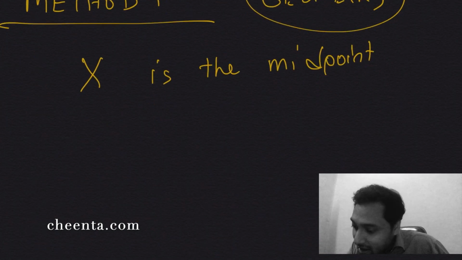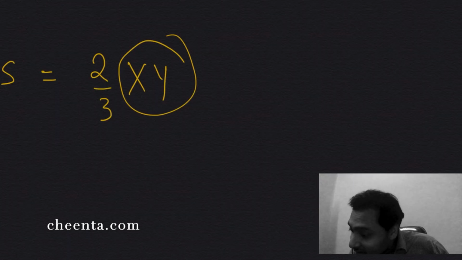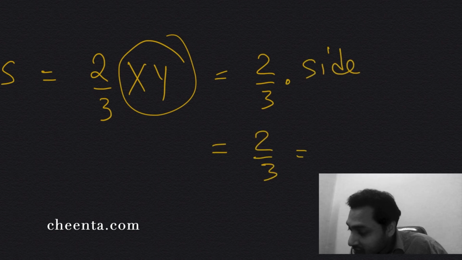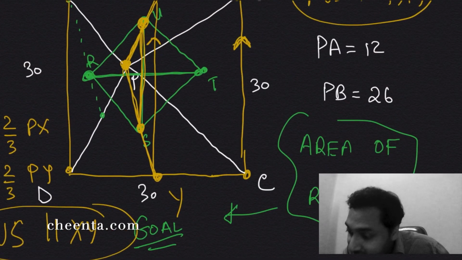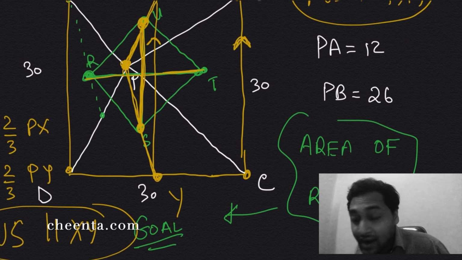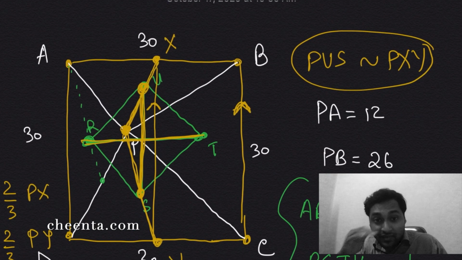So US is 2/3 of XY, but XY is equal to the side, so US is 2/3 of the side, which is 30. So 2/3 of 30, that is 20. So US, the length of this diagonal, is 20, and the exact same argument will work for RT. So RT is also 20, and RT is parallel to the side AB, the other side of the square.